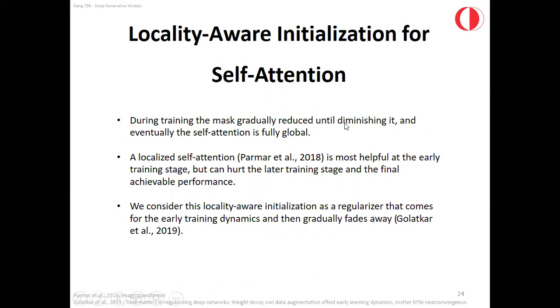At first, it's most helpful, but later in training, it can hurt the training stage. They consider this locality aware initialization as a regularizer that comes in early training dynamics and then gradually fades away.